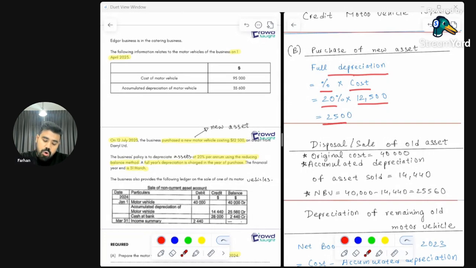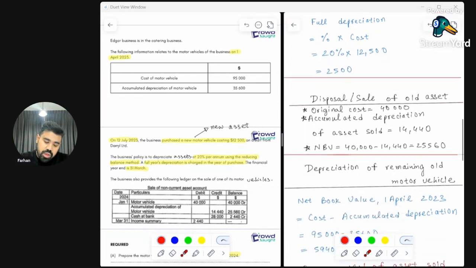Okay. All right. During the year, we also know that we have sold or disposed one old non-current asset. So let's look into what's happening there. So the non-current asset that we had sold, we know had an original cost of $40,000, and this is something we picked from the sale of non-current asset ledger account, where you will see the motor vehicle at cost, which we had sold, was $40,000, and the accumulated depreciation for that motor vehicle, which we had sold, was $14,440.